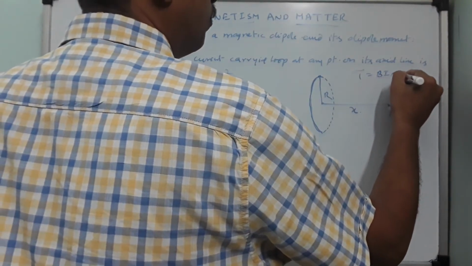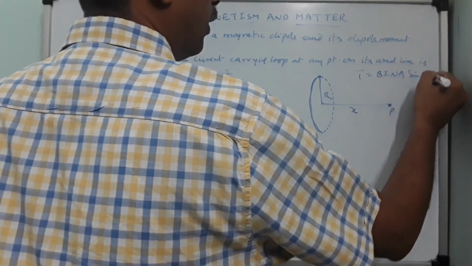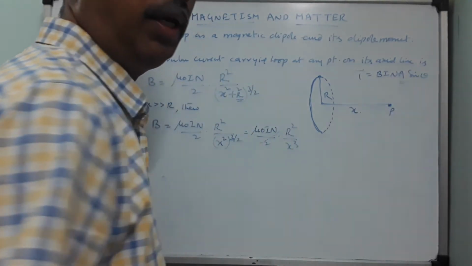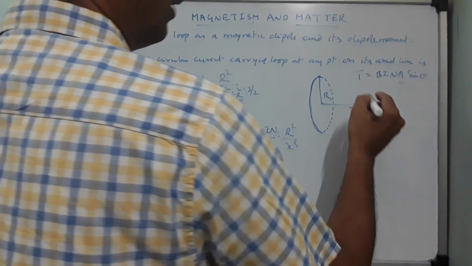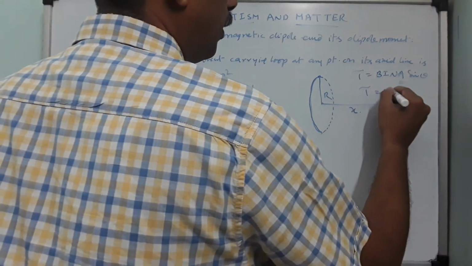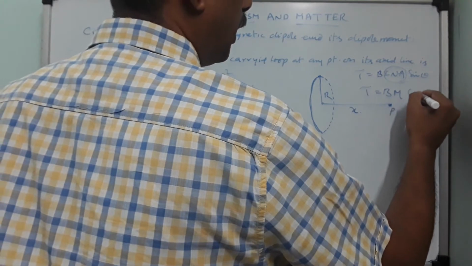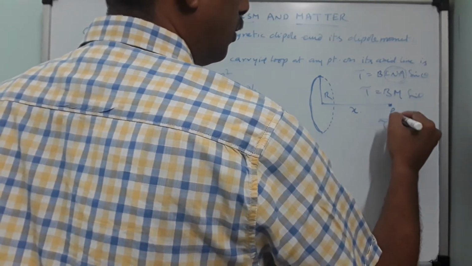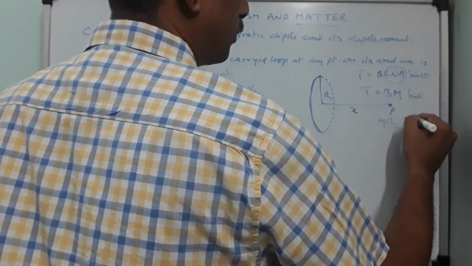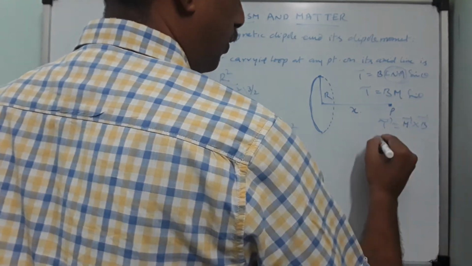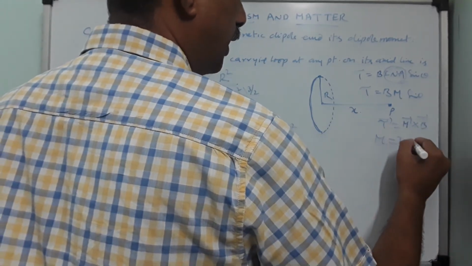Tau equals to B naught sin theta. We have written. What is A? Area of the coil. Okay. And then we have taken this tau equals to B into I and A we have defined as a new quantity, that is sin theta, and we defined tau equals to not B cross M but is what M cross B, where M is defined as INA.